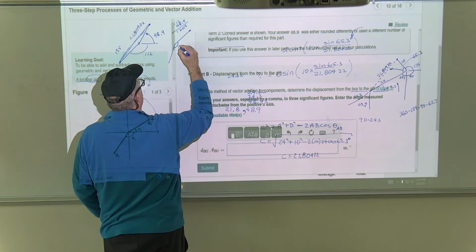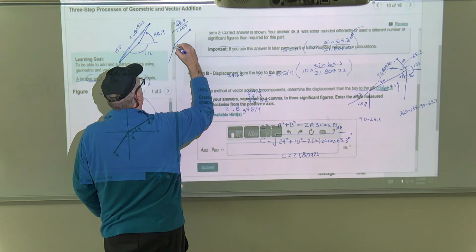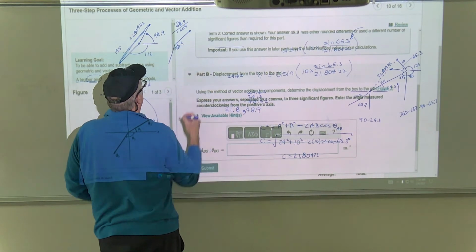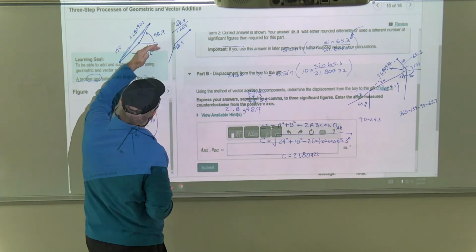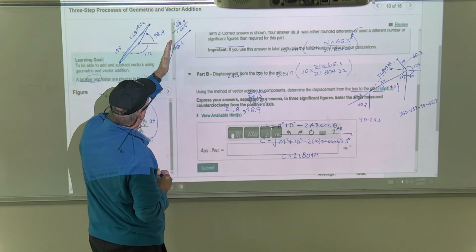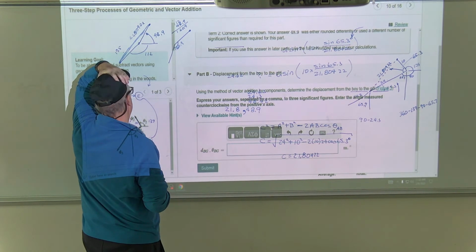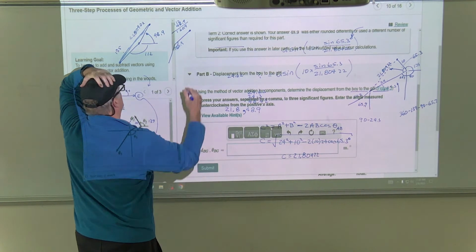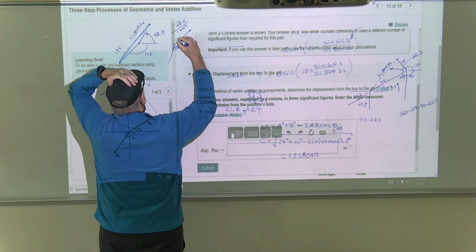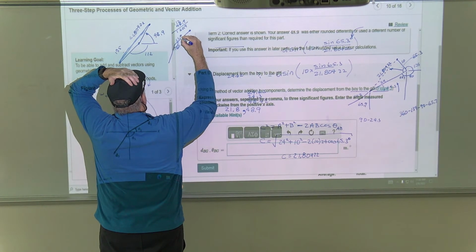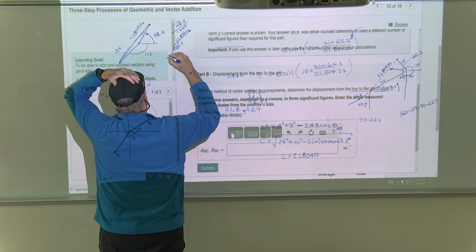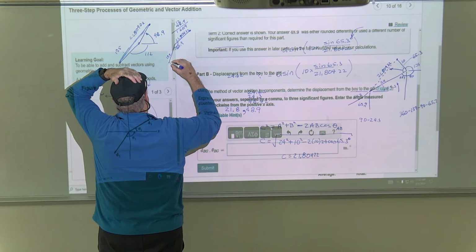So that means this is 160.9. And since it's less than 180, it's collapsed this way and not that way. So sorry about that, but you got that. You got 21.80422 and 17.5.